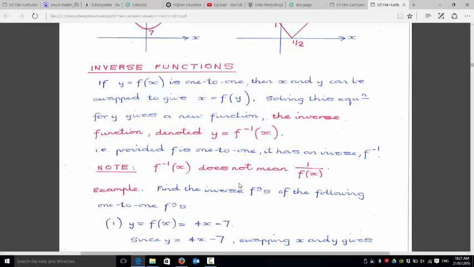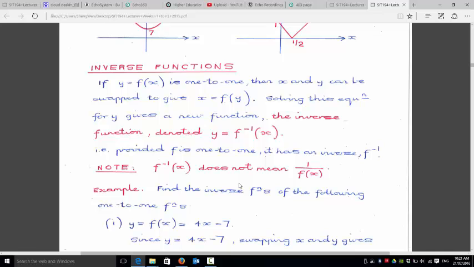Given f(x), if f(x) is one-to-one, then x and y can be swapped to give x is equal to f(y). Solving this equation for y gives a new function, the inverse function, denoted by y is equal to f minus 1 of x.